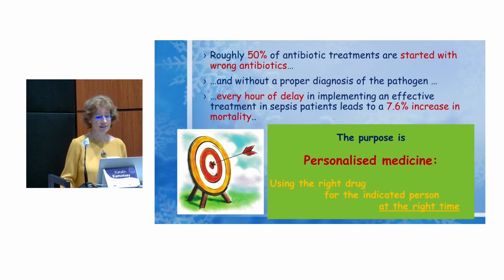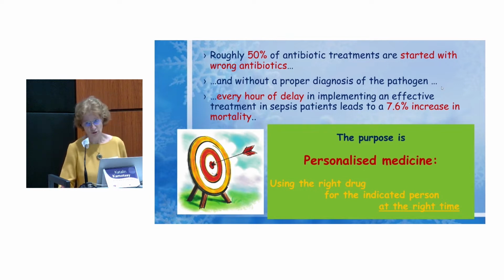Well, the fact is that roughly 50% of antibiotic treatments are started with wrong antibiotics, and we don't know exactly the name of the pathogen. We speak about resistant pathogens, but we all know who work with patients that there is a first drug of choice, even if the bacterium is not a multi-resistant one.